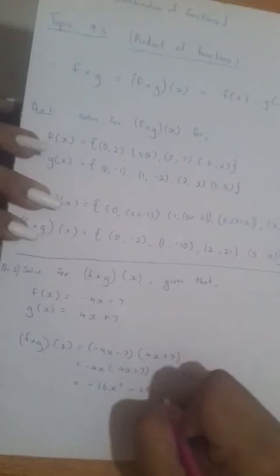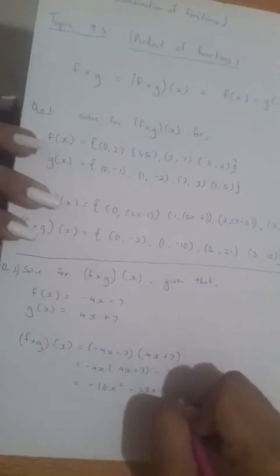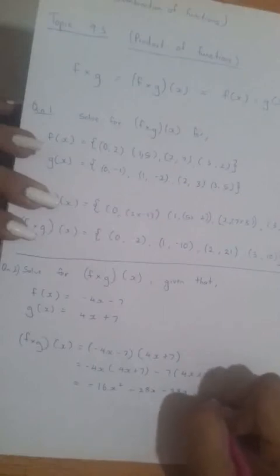Here we have -28x as well, and here we get -49. Here we just solve it. We have -16x squared, and here we have -56x, and here we have -49.